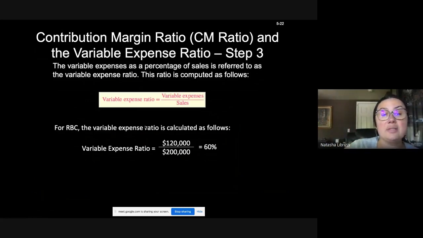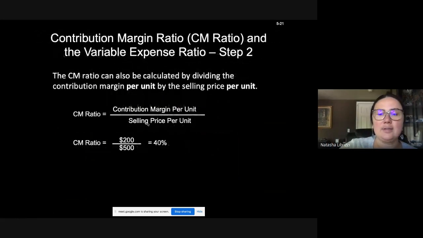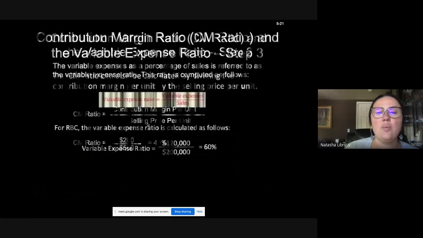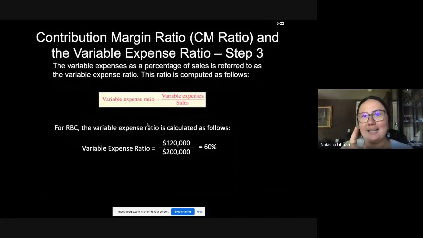Now, variable expense ratio, we're saying what is the relationship of variable cost to sales, is 60, or you can take 1 minus 40 and you get 60, but that's another way of doing it, 40% that we just calculated here. So we're saying for each dollar of sales, 60 cents goes towards the variable cost.